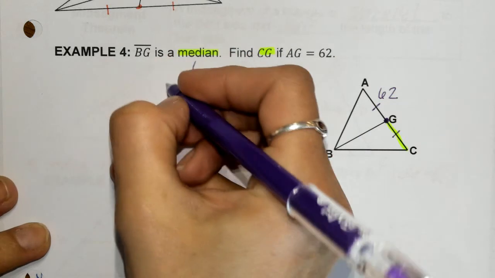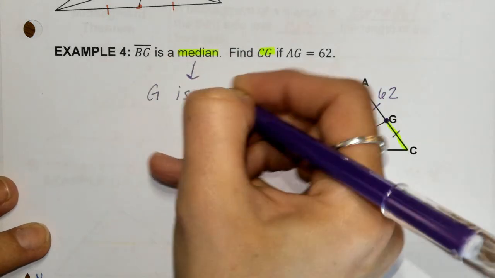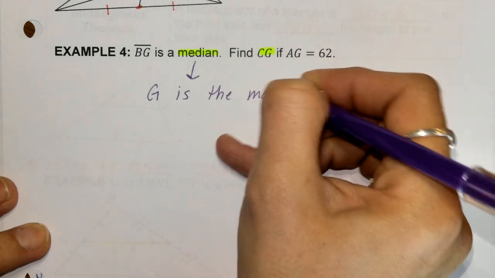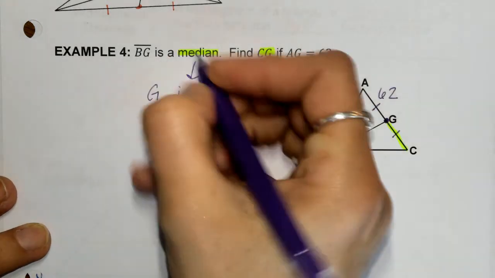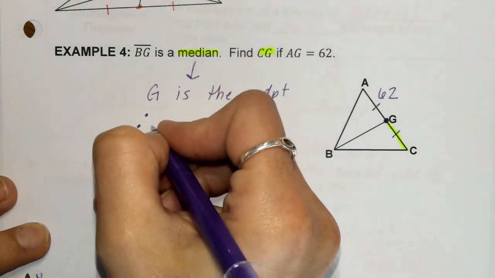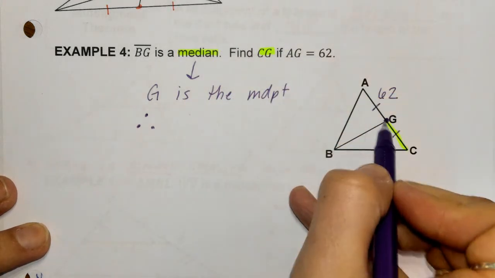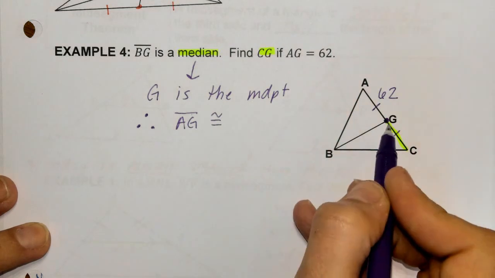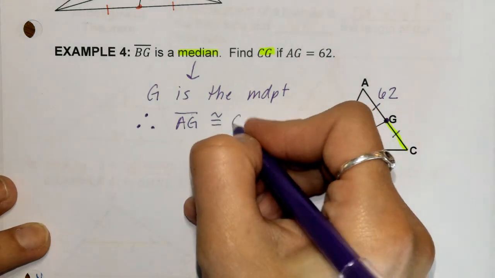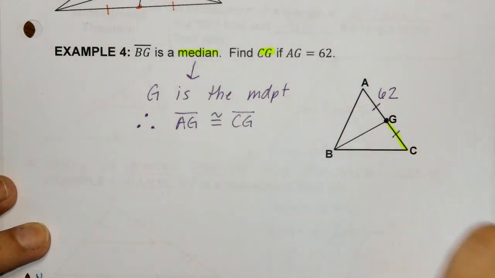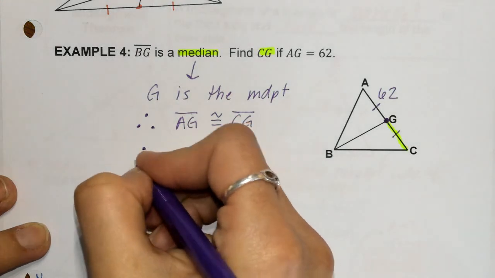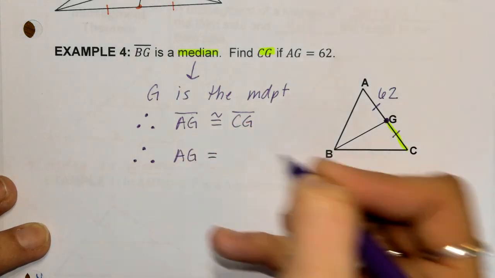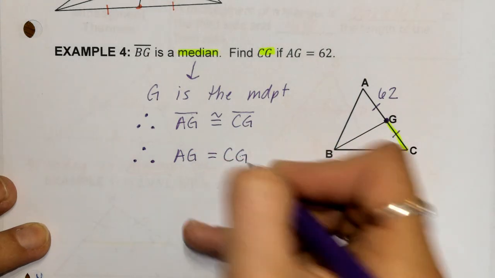Since we have a median, we're going to write all this down: G is the midpoint. Put MDPT. So, therefore, segment AG is congruent to segment CG because of that midpoint. And therefore, the length of AG, or the measurement, is going to be equal to the length or measurement of CG.